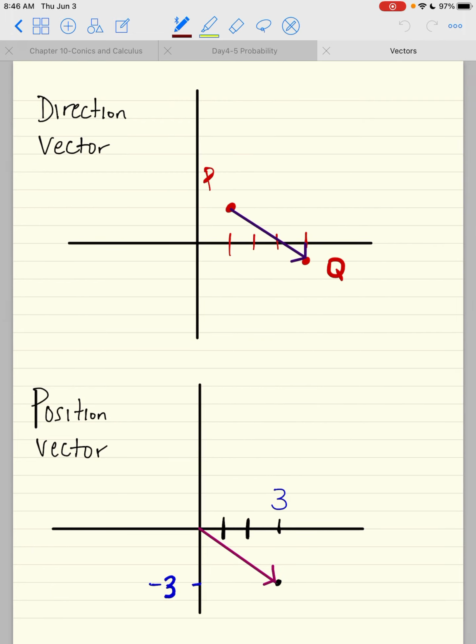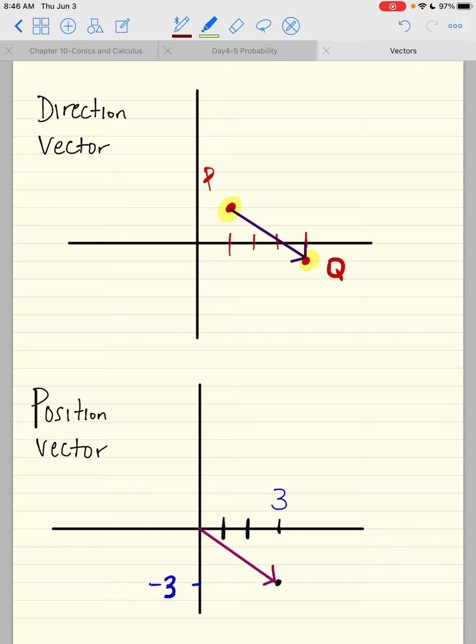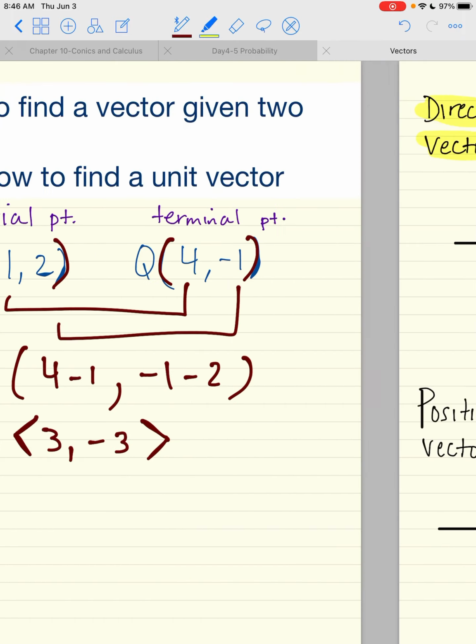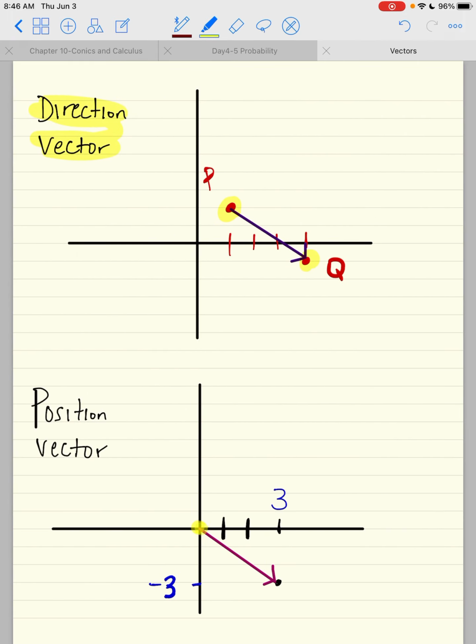But before we do that, let's take a look at what this looks like on a graph. This is the point P and Q located at (1, 2) and (4, -1). This is what we call a direction vector. If you wanted to start from the origin, then we just take the vector that we created, which is <3, -3>, and plot that from the origin.